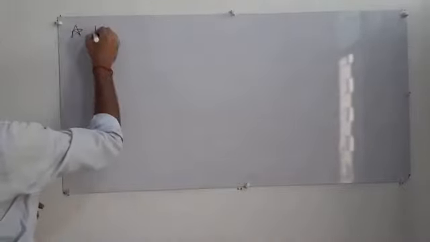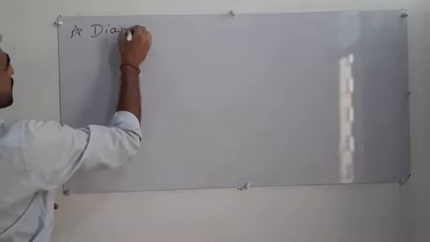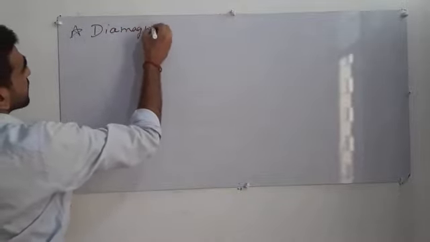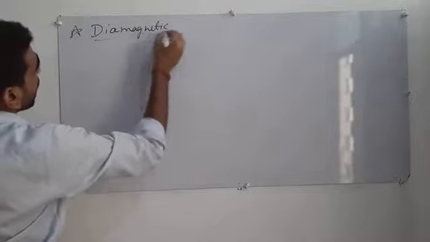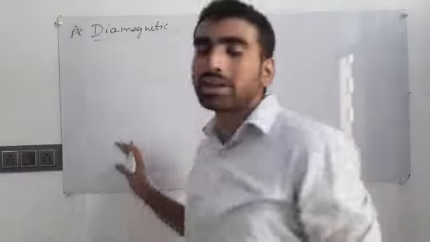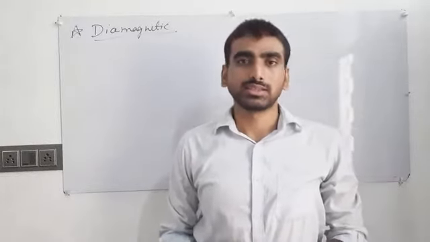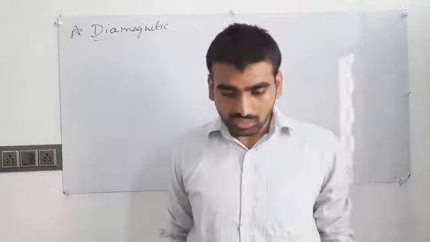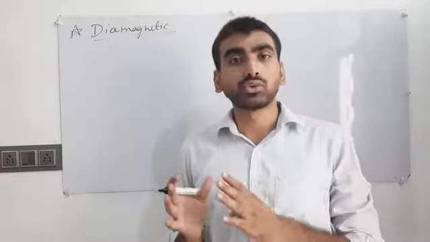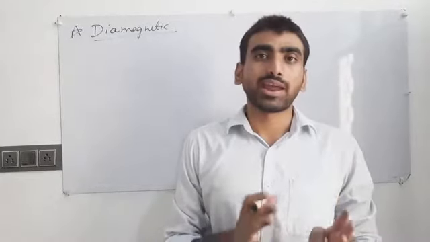The first is diamagnetic. So what are diamagnetic materials? Diamagnetic materials are materials that get magnetized in the opposite direction to the applied external field.